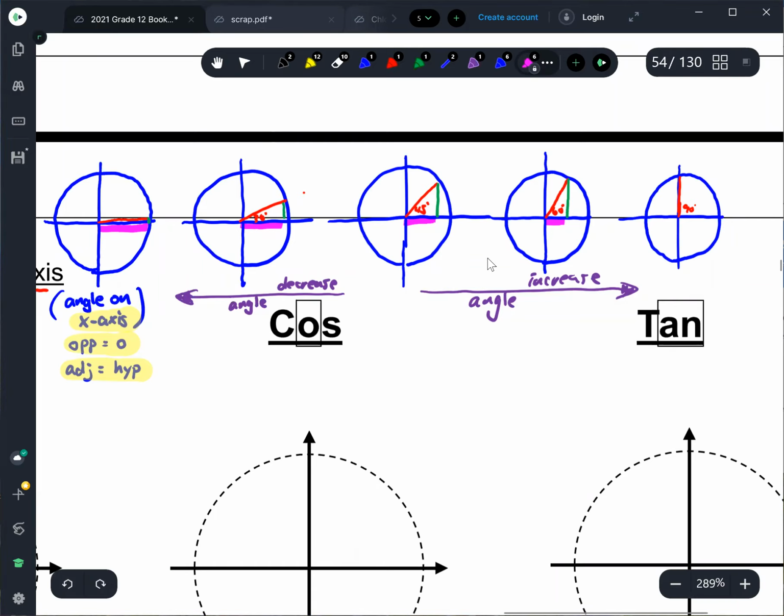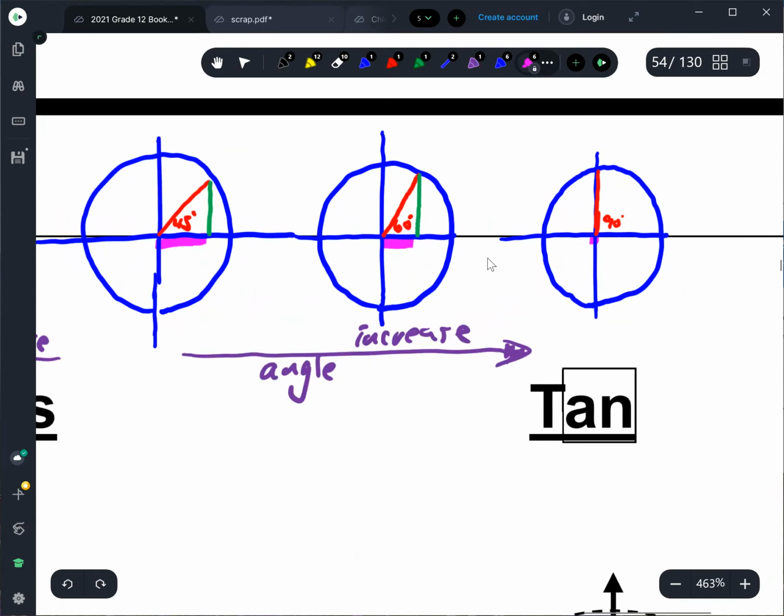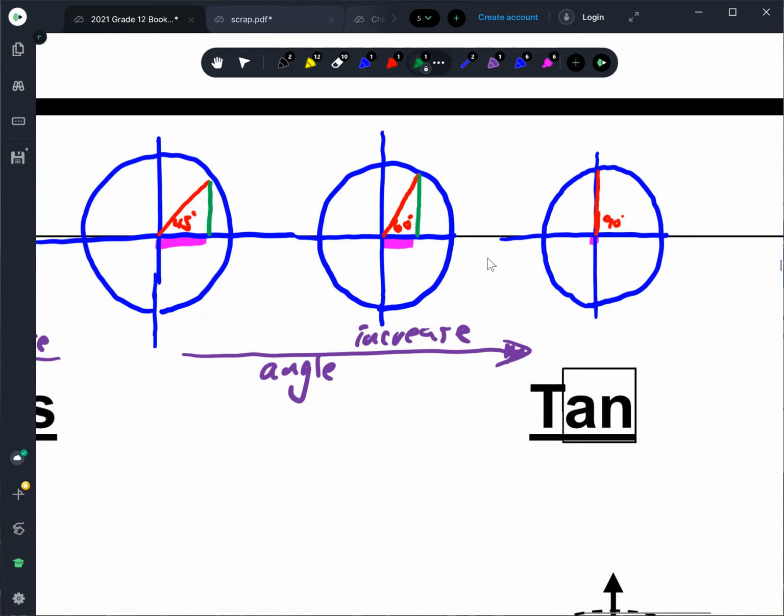So eventually the adjacent will become 0. So it should be adjacent that disappears. It becomes just a dot. No more adjacent. And then your opposite side will be getting longer, and eventually it becomes the same as hypotenuse. If angle is on the y-axis, that's what will happen.